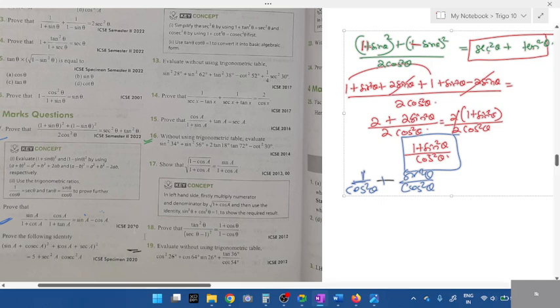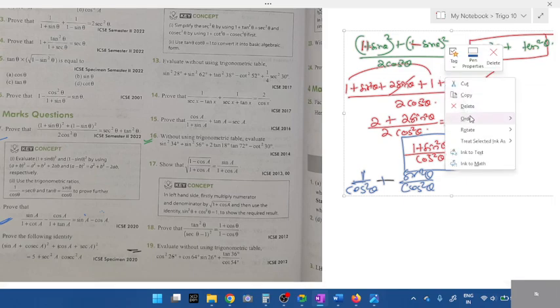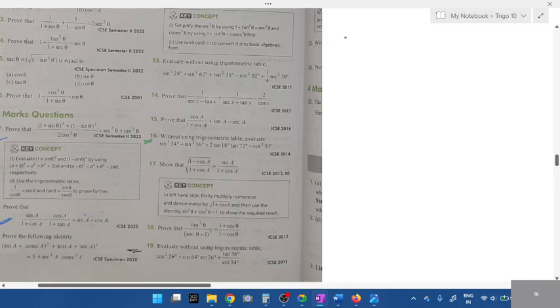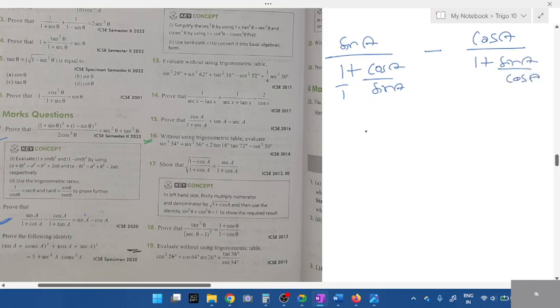Which question? Eighth one. Let me write 1 plus. What is cot value? cos A by sin A. So denominator you have to take LCM, right? Yeah, tell me what do you get? sin A plus cos A divided by this denominator has two denominator.